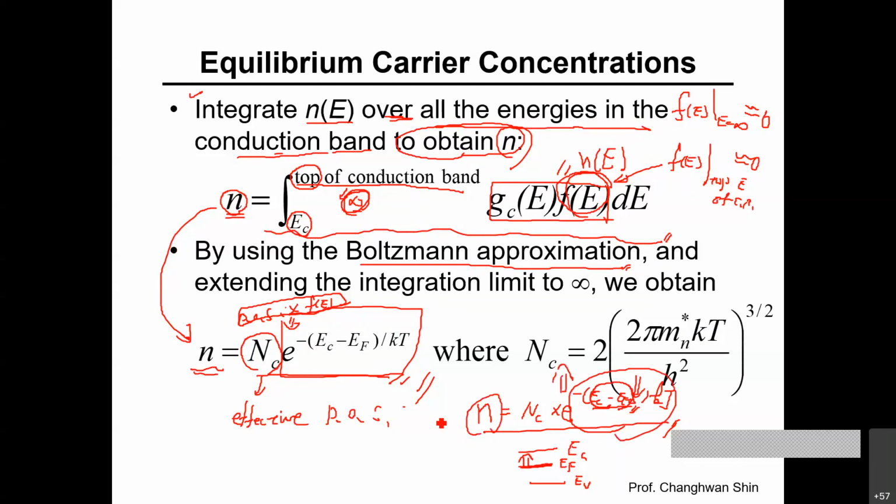So the number of electrons becomes more and more. So a certain silicon sample has a bunch of electrons. However, that silicon sample doesn't have too many holes.